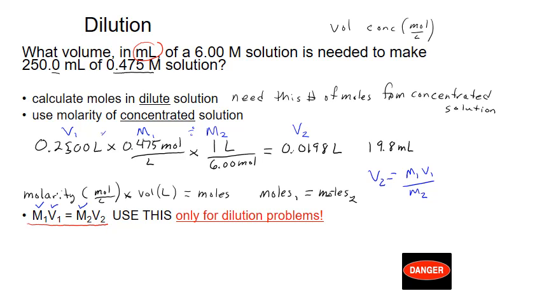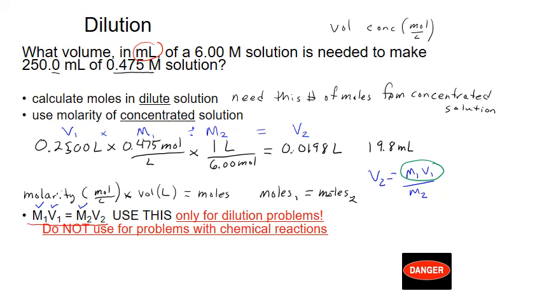We multiplied V1 times M1 and then divided by M2 to equal V2. It's really important that students keep the M1 and the V1 together and not get them confused with M1 with V2 or V1 with M2. So make sure you keep those straight.